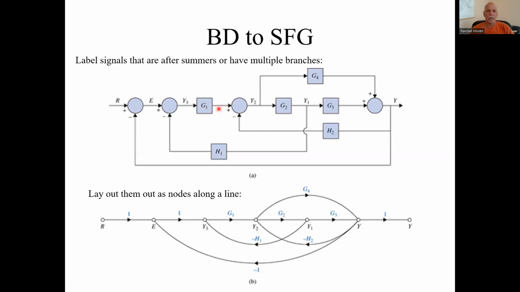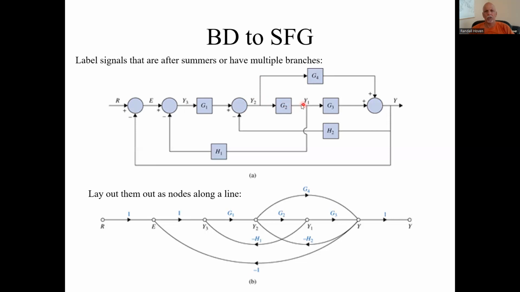Here, it's not coming directly after a summer, and it only has the one branch. So we don't need to label that one. Okay, here we have another summer, so we want to label that. We call it Y2. And we would have wanted to label it anyway because it has two branches, one going into G2 and one going into G4.